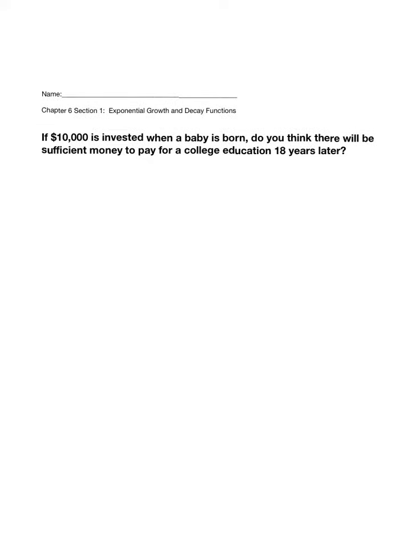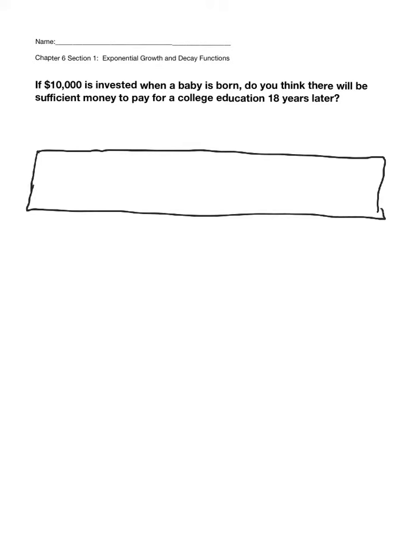So what I want to talk about is what happens in our investment to make that money change. So let's think about investing this $10,000 over a span of a few years, and just see what happens to the money as we go from one year to the next.